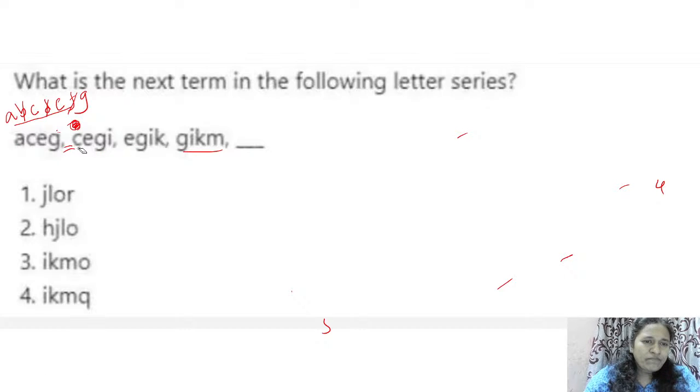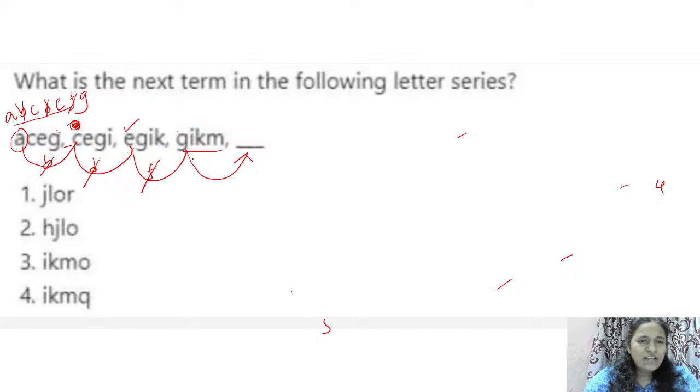Here see, after G, C will not come. We will see the first letters: A, then C. That means suppose B, they are skipping B. After A, B is skipped and C comes. The next first letter is C; after D, they are skipping D and following with E. And the next first letter is G. After E, F is skipped and they are starting with G. What will the next first letter be?